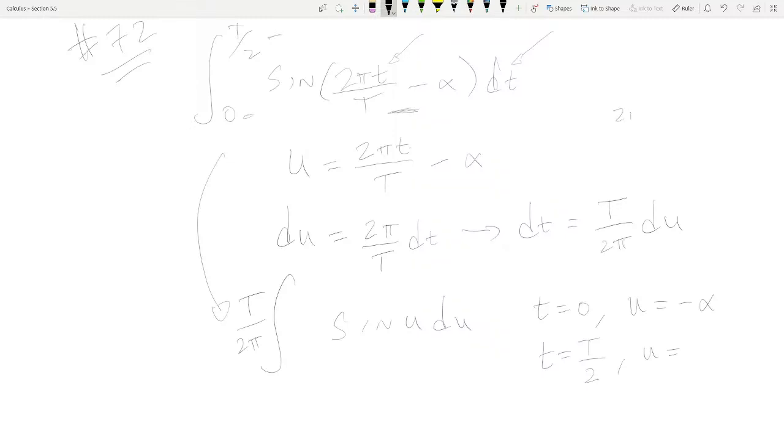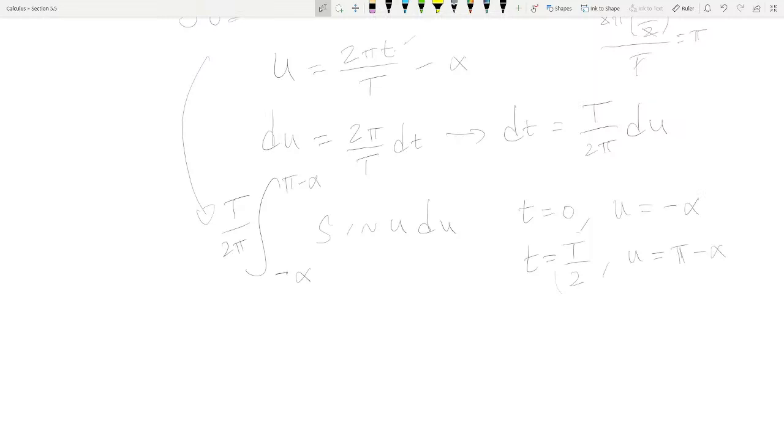I have 2 pi, and then I'm putting in the capital T over 2, and then I have over T. Okay, so what does that reduce to? The 2's cancel, and the T's cancel, and I get pi. So when I plug in little t equals capital T over 2 into this, u will be pi minus alpha. We're going from minus alpha to pi minus alpha.